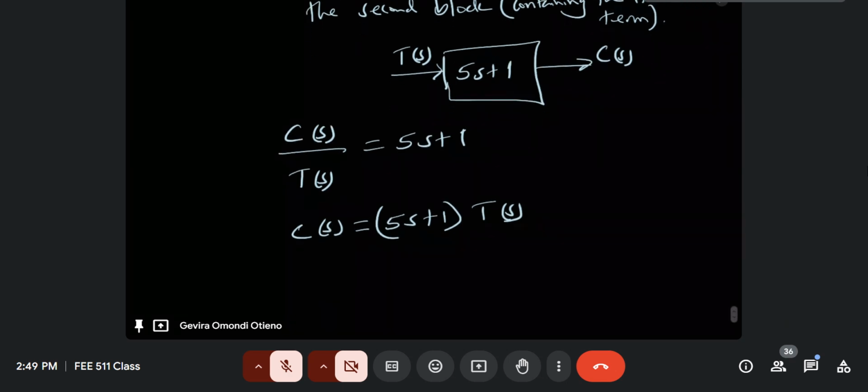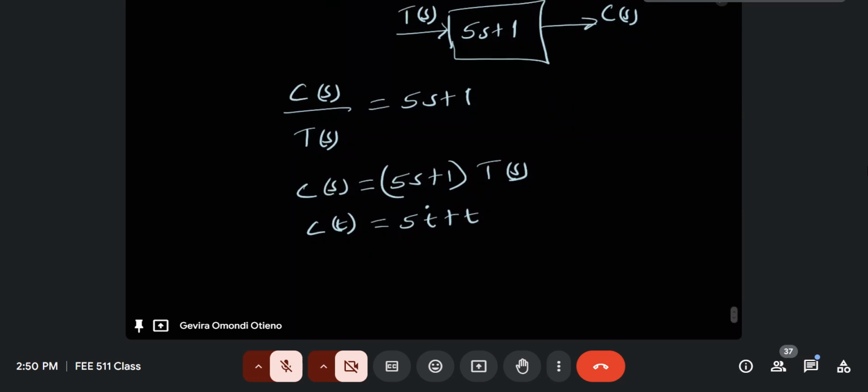This one is even easier because a lot of steps are now done. So if you take the inverse Laplace transform, ladies and gentlemen, small c of t should be equal to 5 times the derivative of t plus t. It's very easy because it's just like the first manipulation.